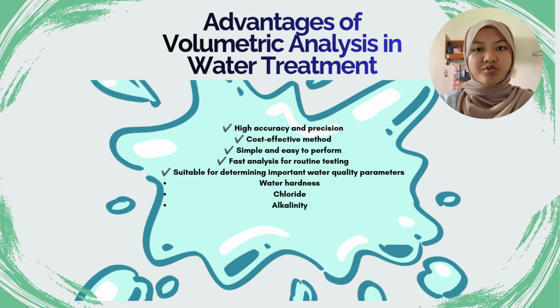In addition, the procedure is simple and easy to perform with proper laboratory training, allowing technicians to obtain reliable results efficiently. Volumetric analysis is also relatively fast, making it suitable for routine monitoring of water quality. Furthermore, it is widely used to determine important water quality parameters such as water hardness, chloride concentration, and alkalinity, which are essential for ensuring that treated water is safe for domestic and industrial use.